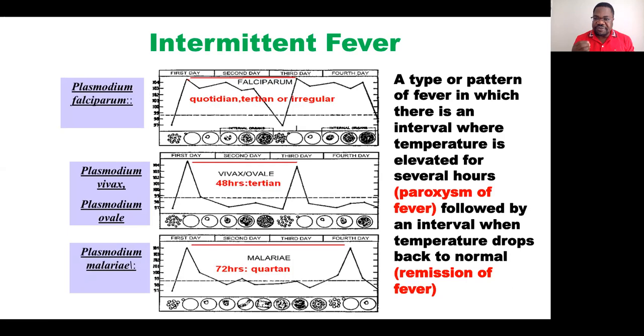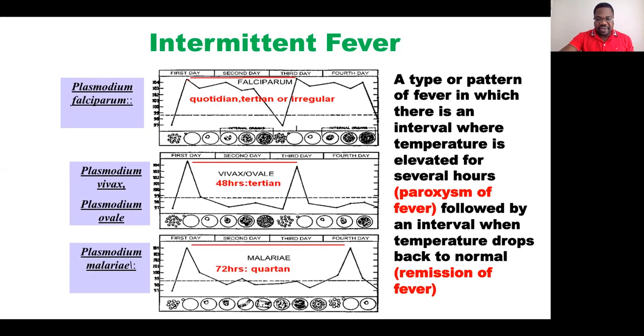So intermittent fever is a pattern of fever in which there is an interval where the temperature is elevated for several hours. That's what we call a paroxysm of fever. It is followed by an interval where the temperature drops back to normal, that we call remission of the fever.